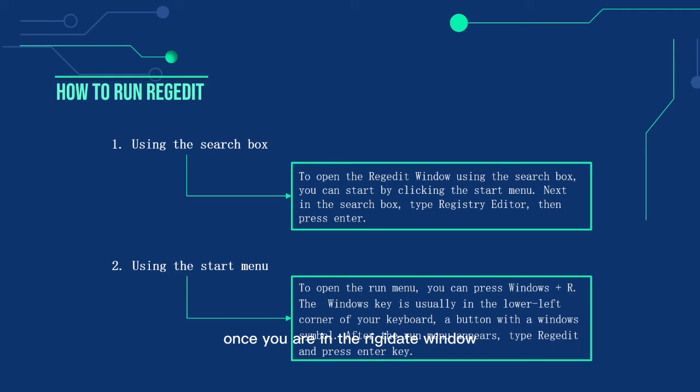Once you are in the Regedit window, remember to be careful about changing whatever is there because, as explained earlier, wrong edits cannot be reversed. This means that you will have trouble repairing it as before, and sometimes it can be fatal to your computer or laptop.